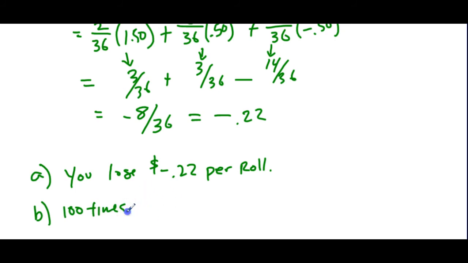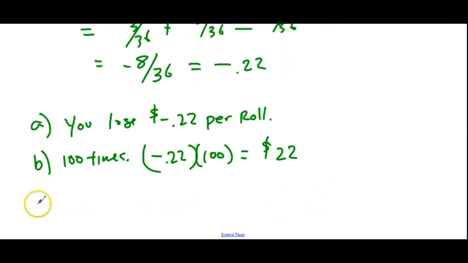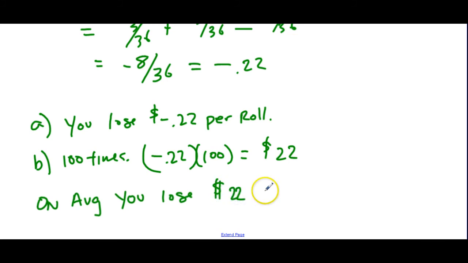You take negative 0.22 times 100, just like we did with those beginning two easy questions, and that equals negative $22. What that means is, on average, you would lose $22 per 100 rolls.